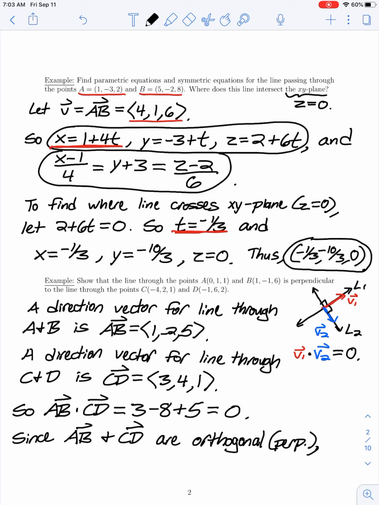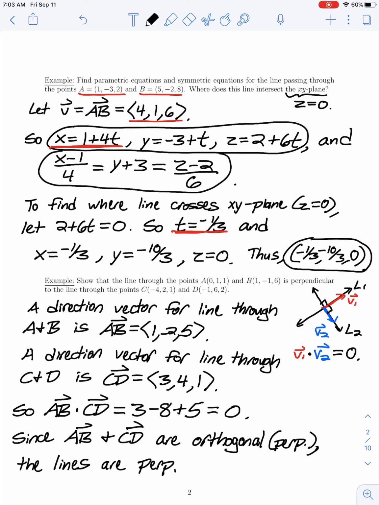Since these direction vectors are orthogonal, the lines are perpendicular. So this is one way that we can show that two lines in space are perpendicular to one another: their direction vectors are orthogonal.